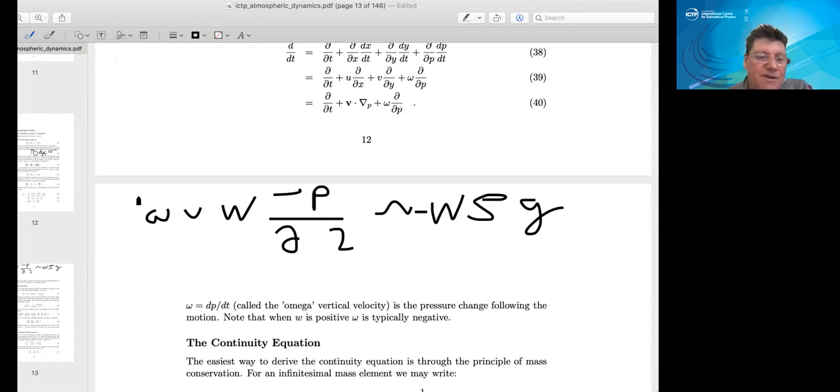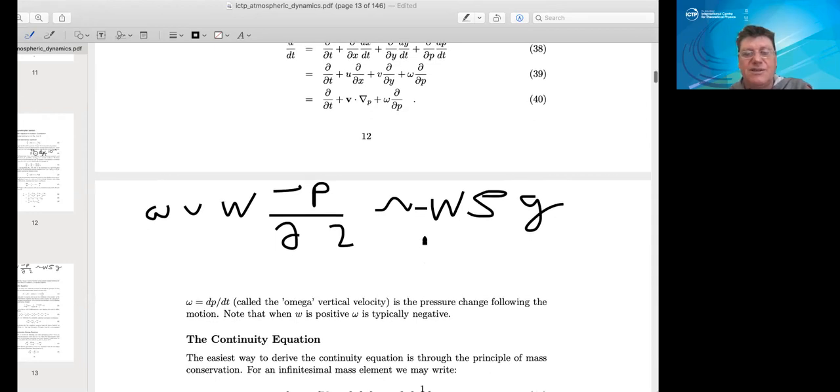So if we use this approximation, that this total derivative is mainly governed by w dp by dz, then our omega vertical velocity is proportional to the real vertical velocity, but with a minus sign, and the typical magnitude will be that the omega velocity is a factor of 10 in terms of magnitudes larger than the real physical vertical velocity w.